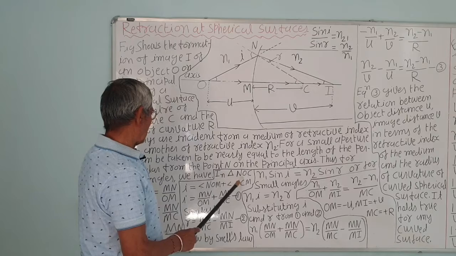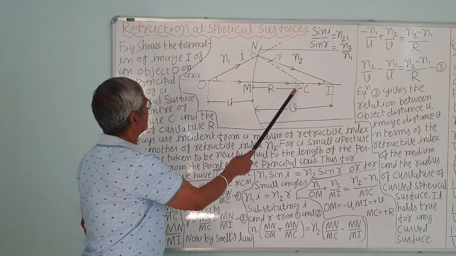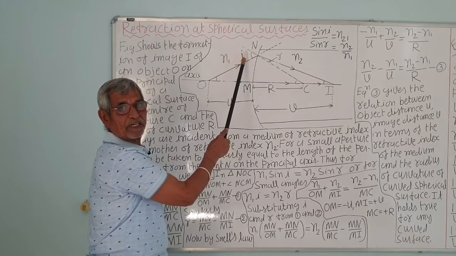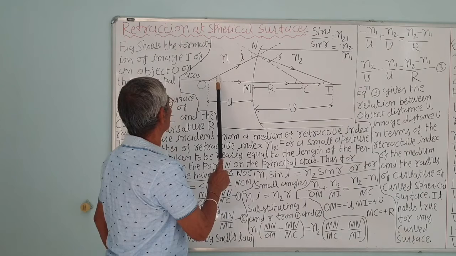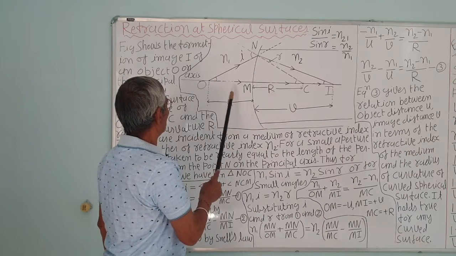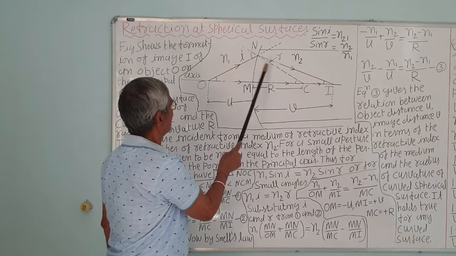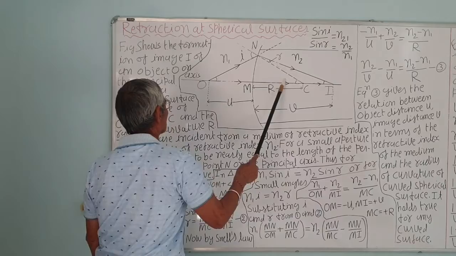Now in triangle NOC, this I is the exterior angle. So the exterior angle is equal to the sum of the two interior opposite angles, that is NOM and NCM. You can write them as 1 and 2 also.